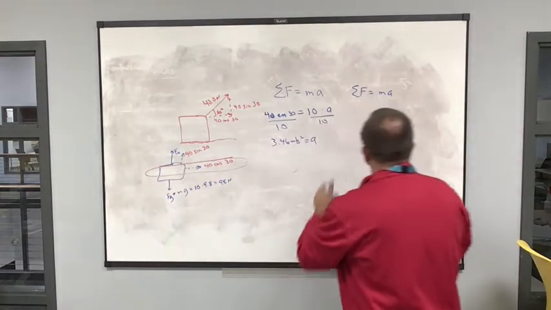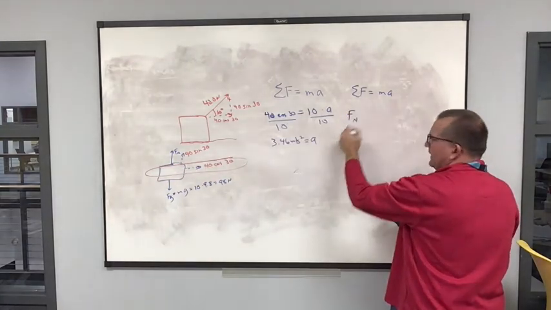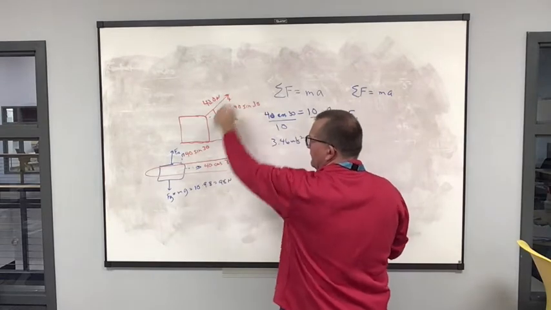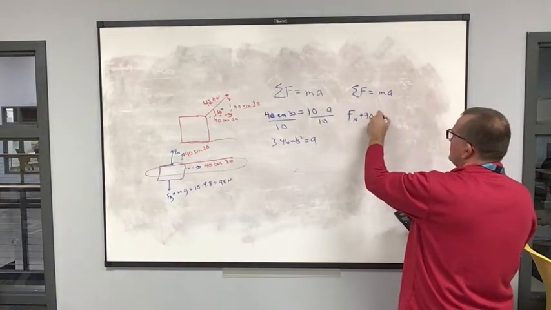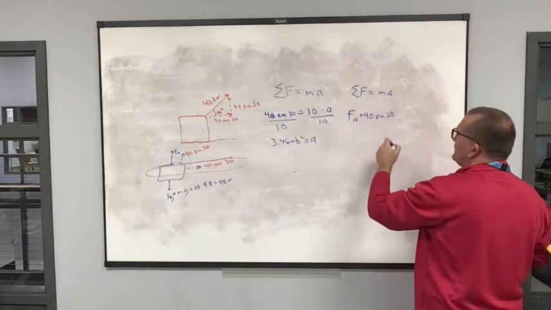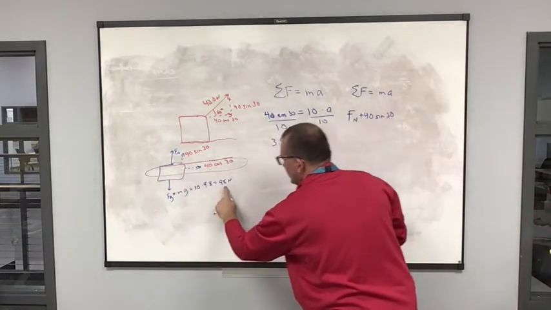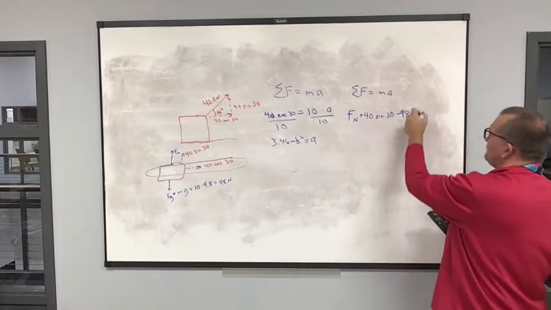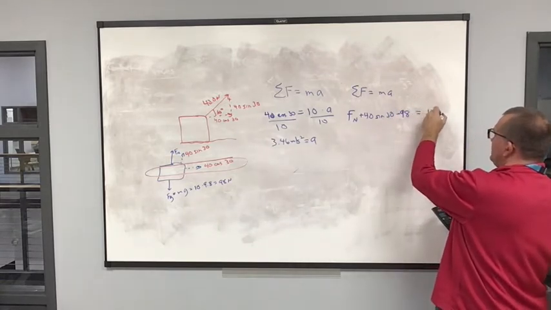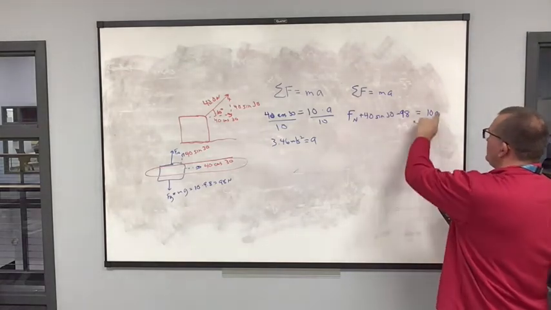I got normal force, and I got the y component of my applied force, which is this. So those two are in the positive. So 40 sine of 30. And then I have the force of gravity going down, which we have already quantified to be 98. Since it's going down, I'm making it negative. That equals ma, which is 10 times a.